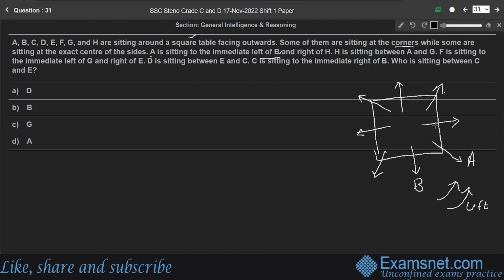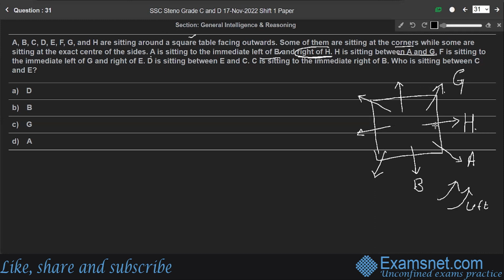So to the immediate left of B, A is sitting, and to the immediate right of H, A is sitting, right? So A is sitting to the immediate right of H. Therefore, A's position is like this, H's position will be at the center, right? Then H is sitting between A and G. Therefore, G's position will be like this at the corner.